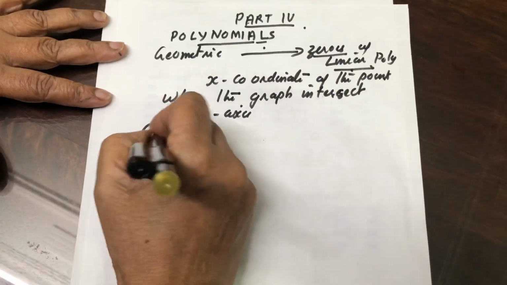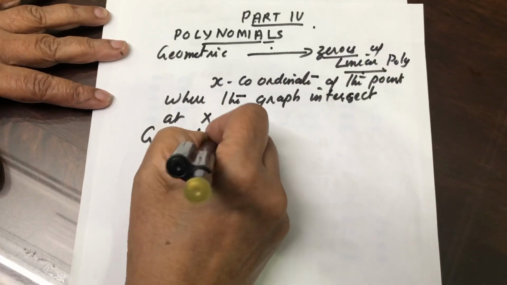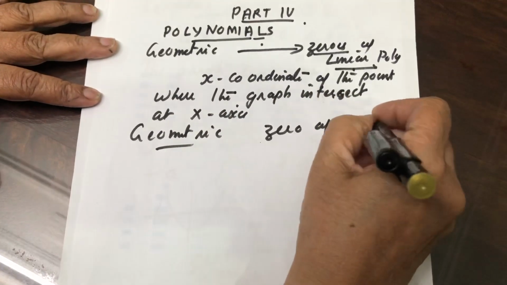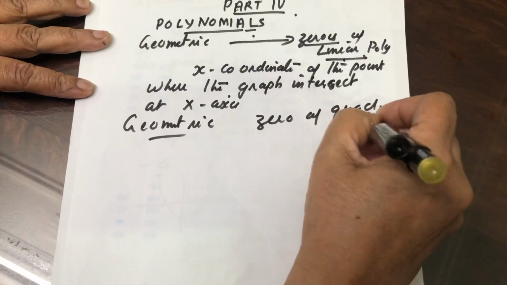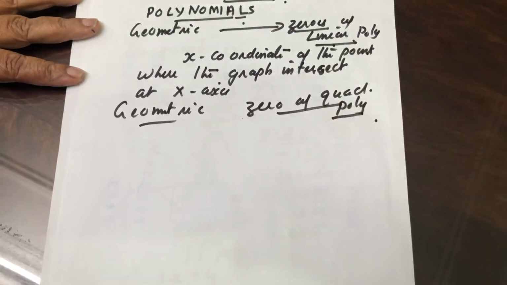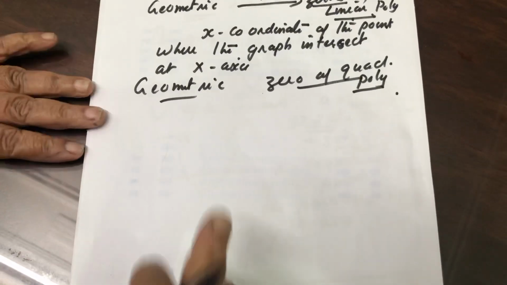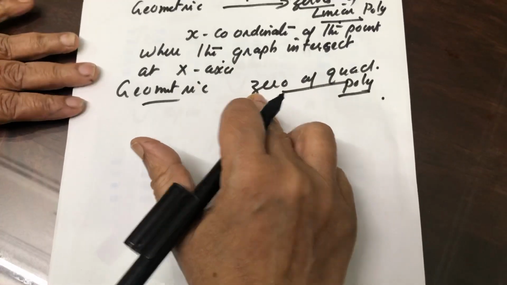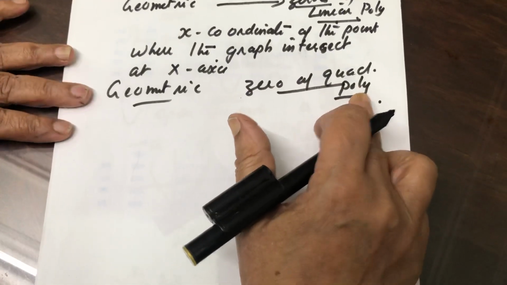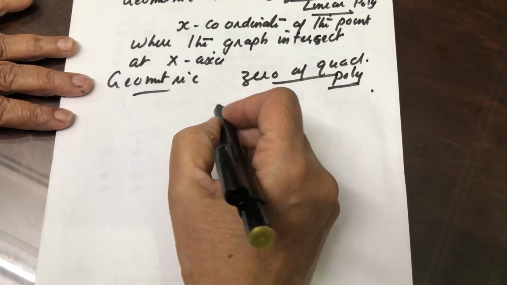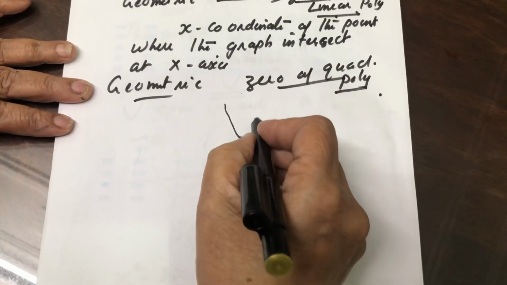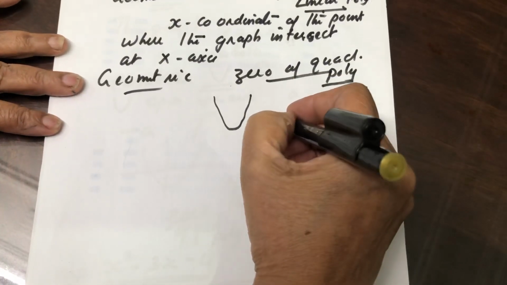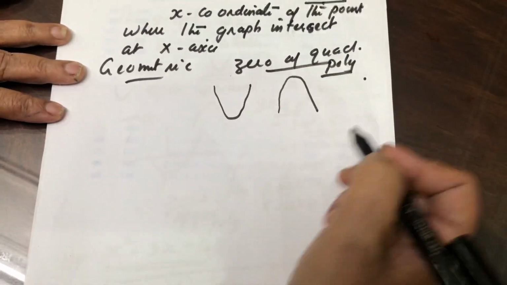Now the geometric meaning of zero of a quadratic polynomial. Children, tell me, how will you find the zero of a quadratic polynomial? I told you the graph of a quadratic polynomial is a parabola. The parabola is in this shape. A parabola opens upwards or opens downwards.